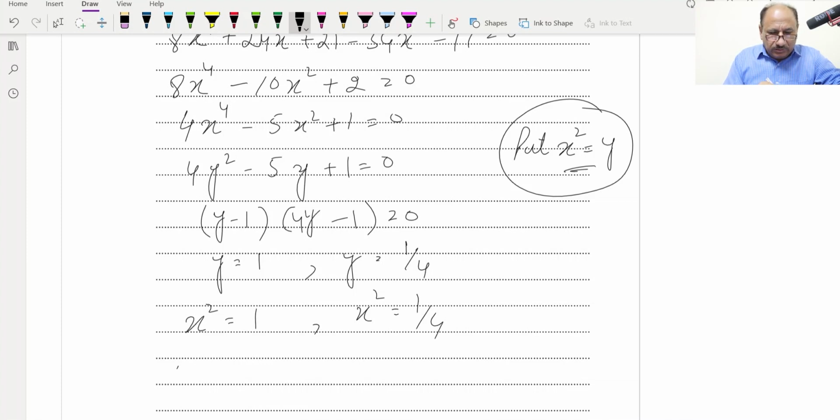So x will be equal to plus minus 1, and this will give us x equal to plus 1 by 2 and minus 1 by 2.